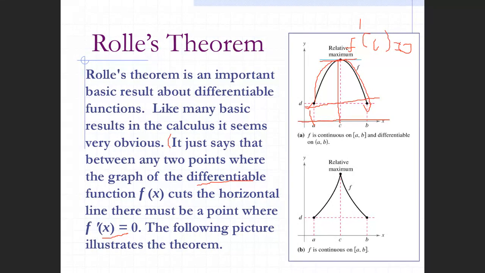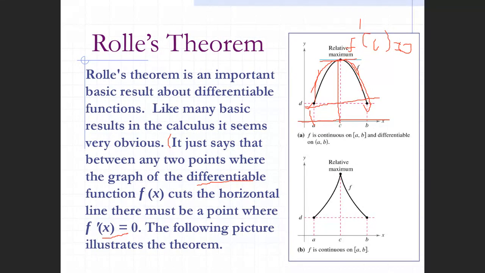You can take a tangent line at each point, so it is continuous and also differentiable in the open interval. For differentiability we take the open interval, because at the end points the function cannot be differentiable.